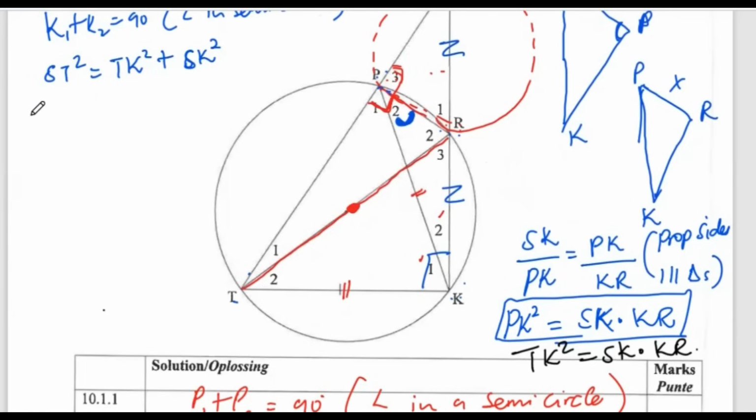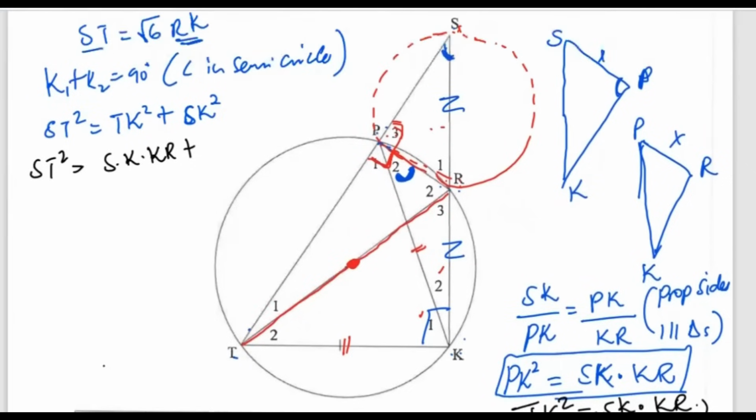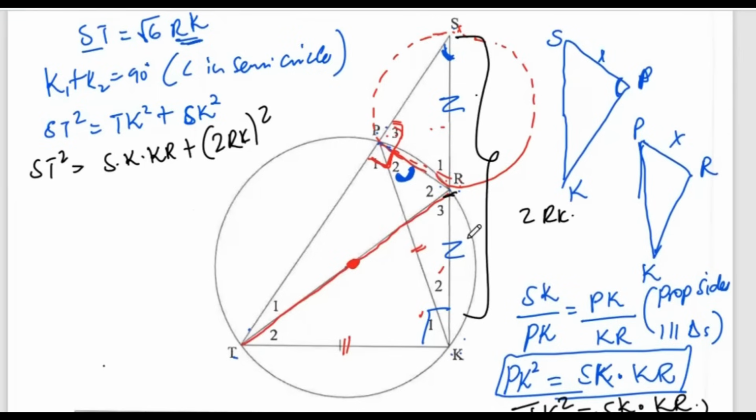So this is going to be ST squared is equal to, where there is TK, I'm going to replace all of this. So that is SK times KR plus SK squared. They told us SK is the same as this. So if this is RK, this is also RK. So the whole of SK is the same as 2RK, since this and that are the same.